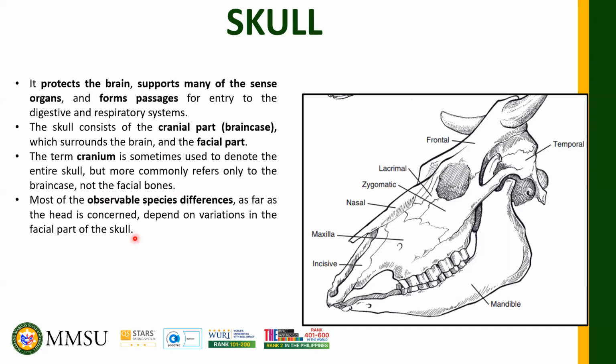So most of the observable species differences, so differences in the appearance of the head of the animal, are often attributed to the variations in the facial part of the skull. So etong mga differences na to usually include yung shape ng skull, yung size ng skull, yung arrangement ng teeth nila, and if there is a presence of horns or if they are polled or other distinctive features.